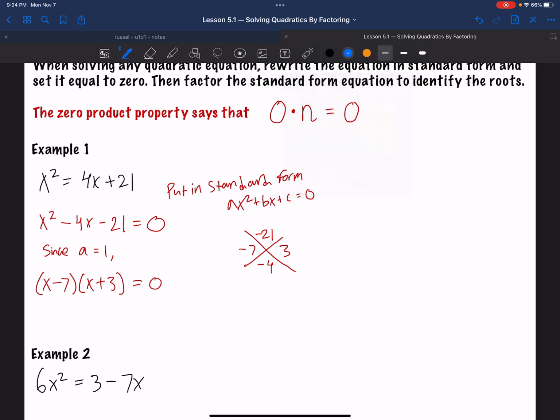Awesome. Now see, here's what the zero product property says. If x minus 7 equals 0, then that satisfies this equation, right? If x minus 7 equals 0, then 0 times x plus 3 equals 0 is true. Thus, x equals 7 is a solution.